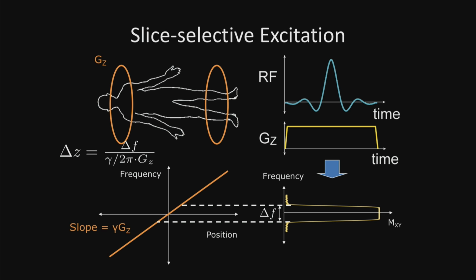So that's going to map some profile in frequency to some profile in space. So what we're left with here is, instead of exciting just a range in frequency, we're actually exciting some sort of slice thickness, or some sort of small region in space.